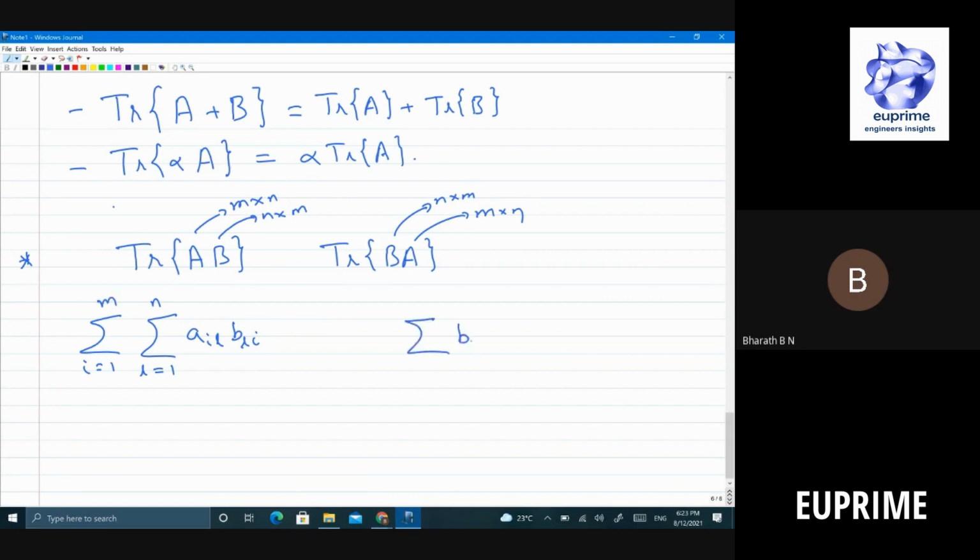Same thing, I should start from B_il A_li. Sorry, this is i again. So l goes from 1 to m, and i goes from 1 to n. Now, are these two equal? What can you say about this? Equal or not equal?